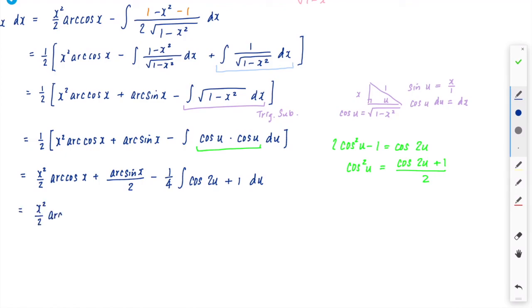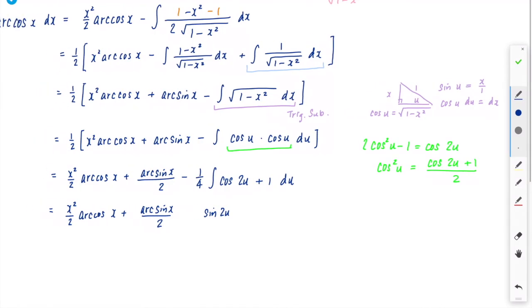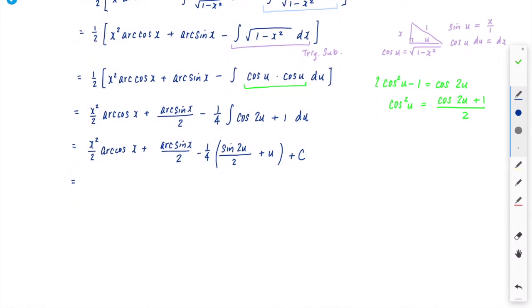Very doable. Cosine 2u du is sine 2u over 2, but I have that 1 over 4 there. Let's leave it like that for now. And then the integral of 1 du is u plus c. Keep going.